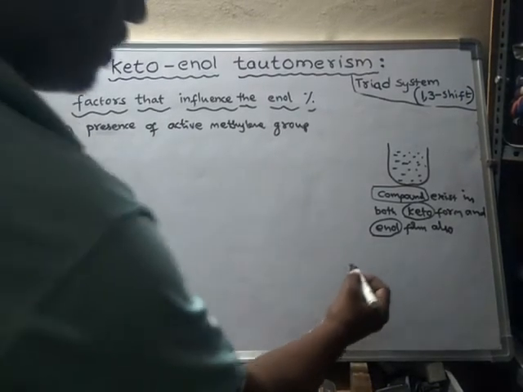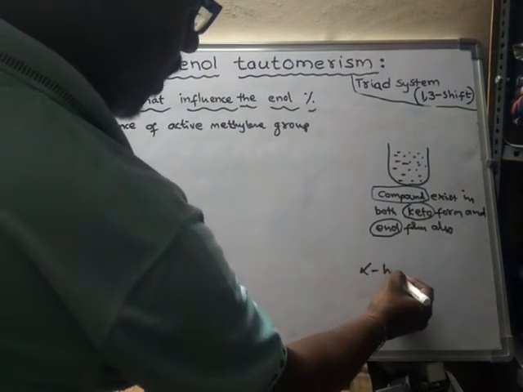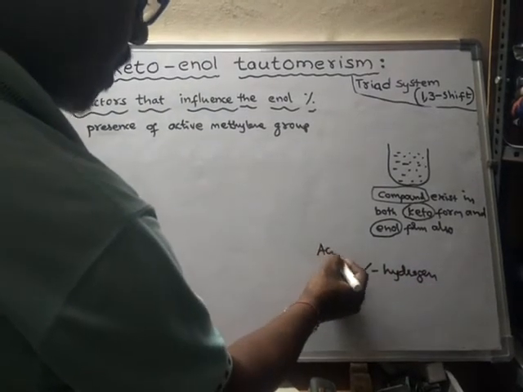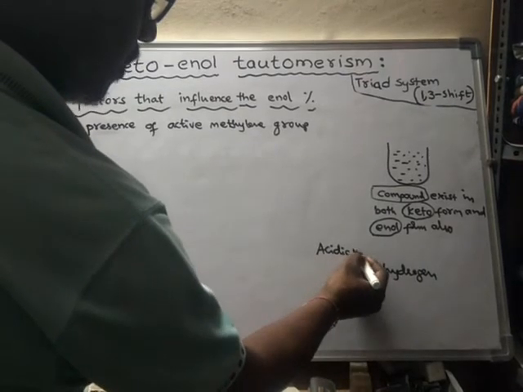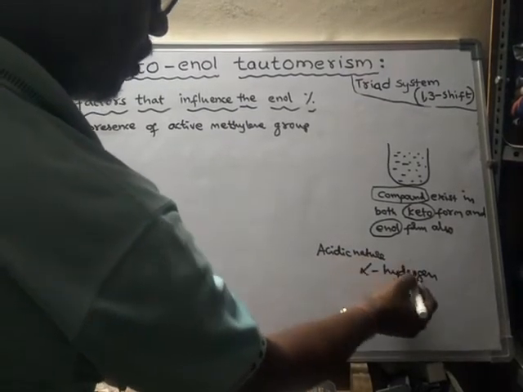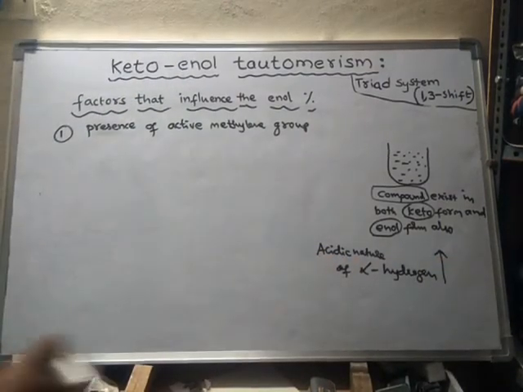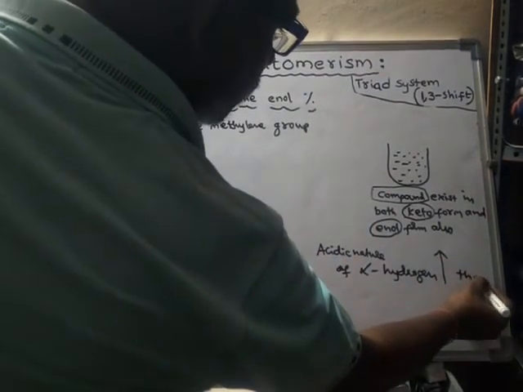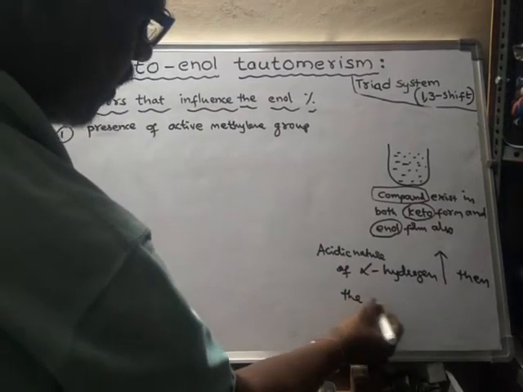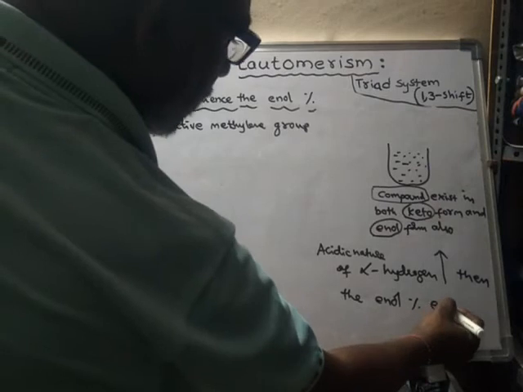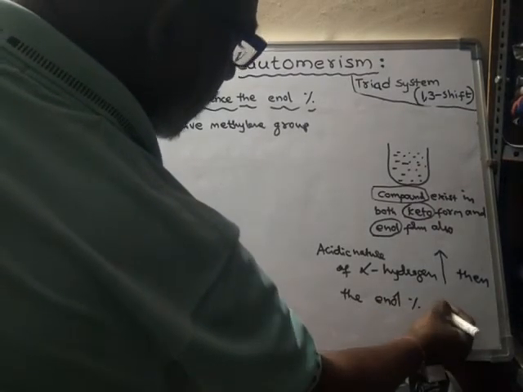Remember that if the acidic nature of alpha hydrogen increases, then the enol percentage increases.